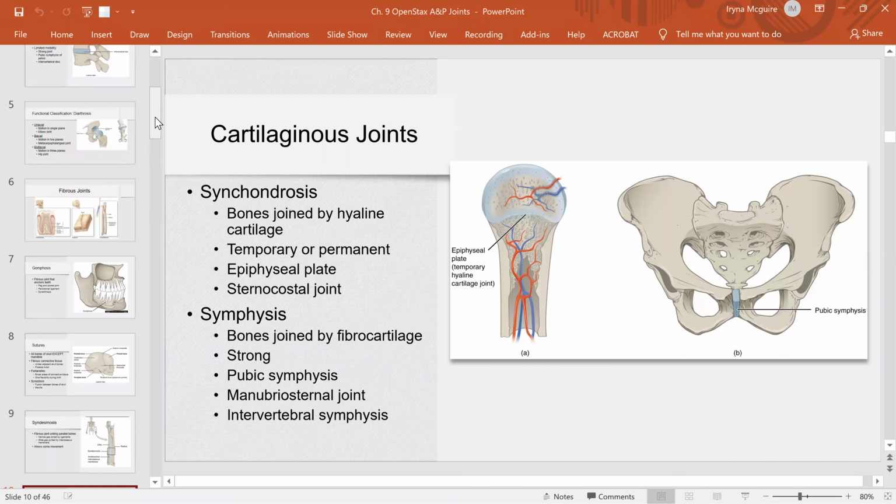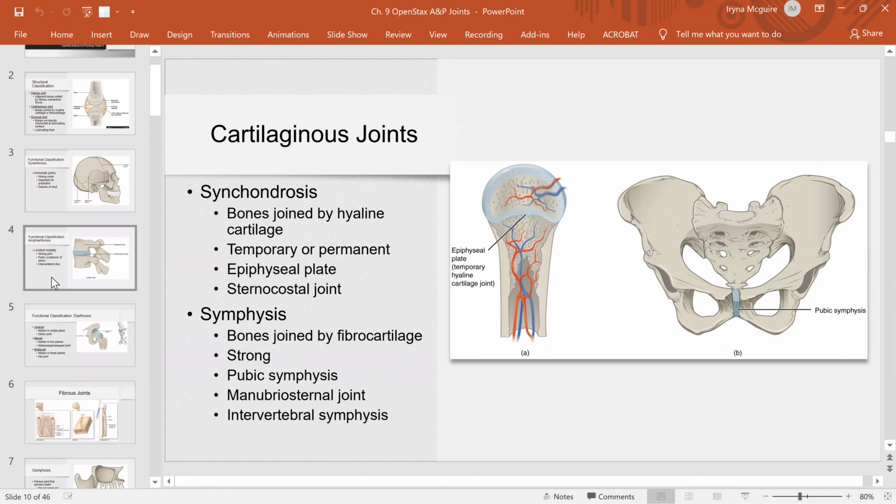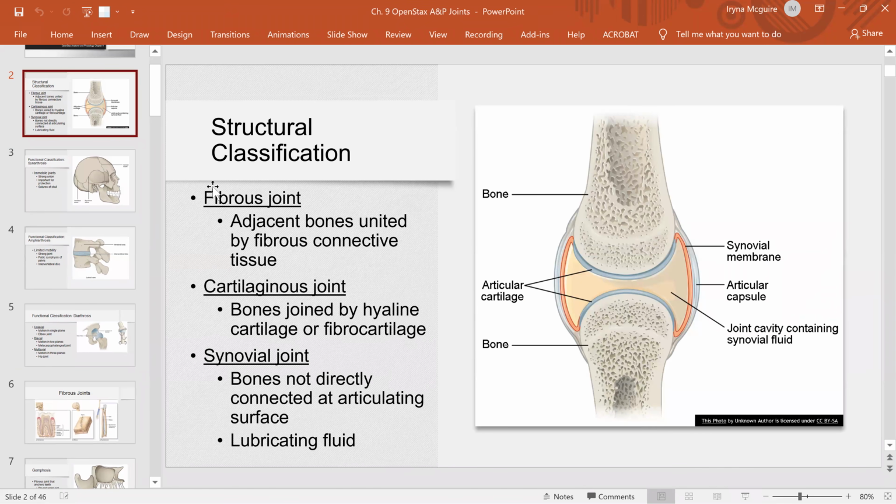So what are we talking about over here? We said that we can have fibrous joints, which means dense regular fibrous connective tissue between two adjacent bones. But what type of fibrous connective tissue?